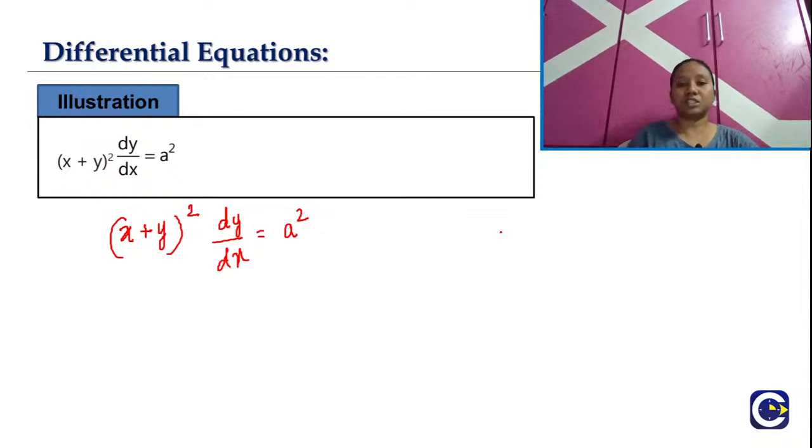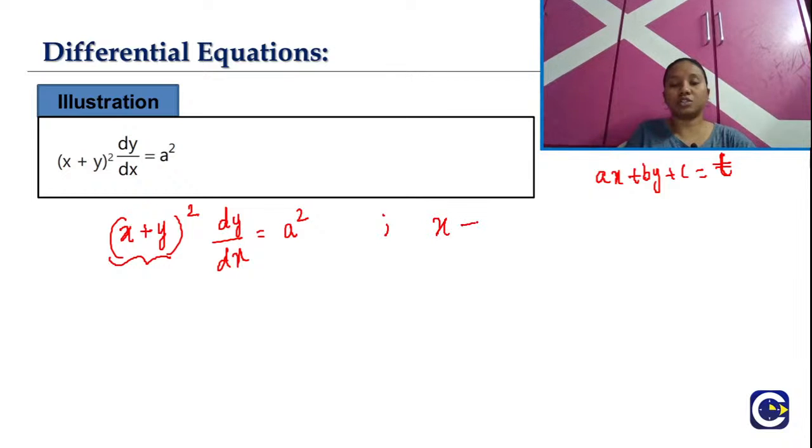In our previous form, we have seen if we have an equation in this form of ax plus by plus c, we will be assuming this to be either v or t. You can assume accordingly. So, according to this question, what is the function here? x plus y. So, we are going to assume x plus y is equal to t.